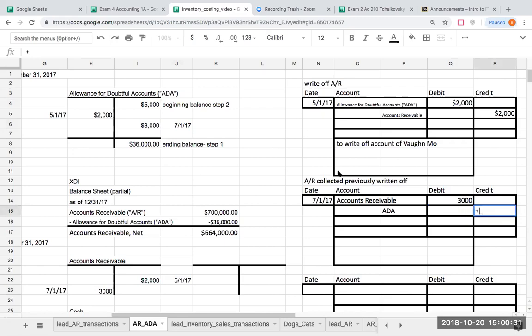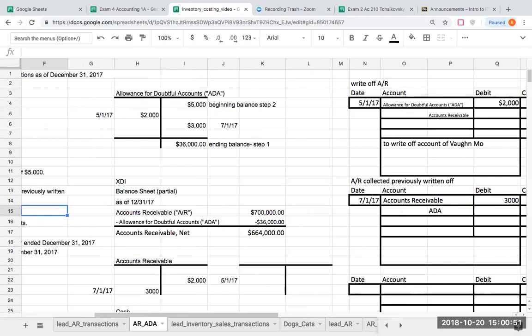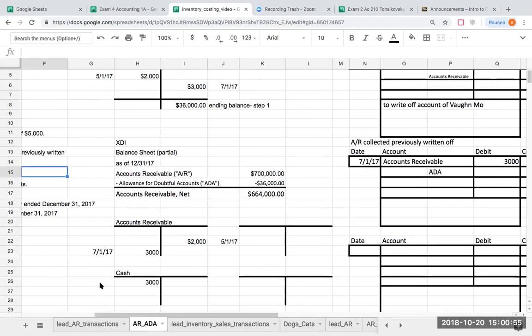I'm crediting the allowance for doubtful accounts for 3,000. This is what we call reinstating the receivable. So when I collect an account receivable that I previously wrote off, I have to reinstate it first. Then once I do this, then I can go through and collect the cash.